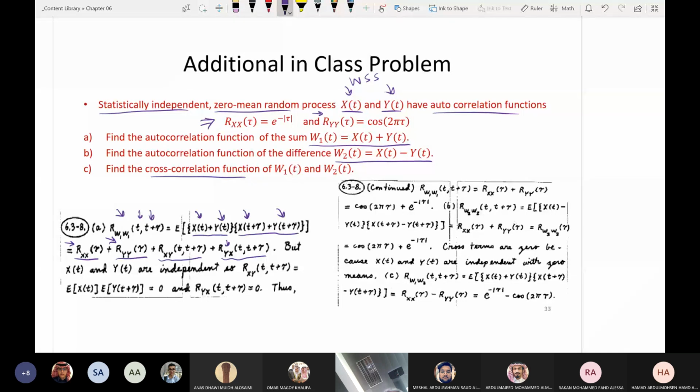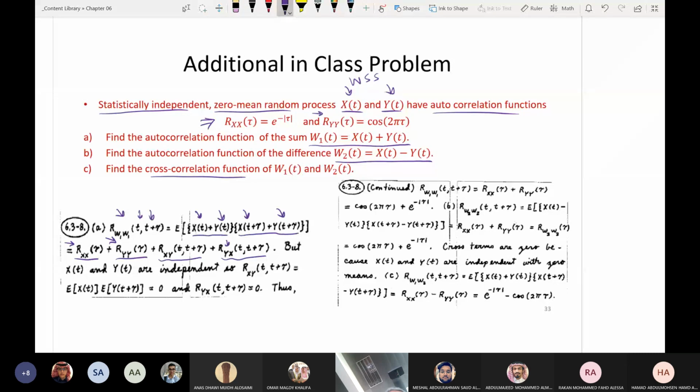Guys, did anybody give me the cross correlation function? How do we find the cross correlation function of x of t and y of t? He told me they are statistically independent.